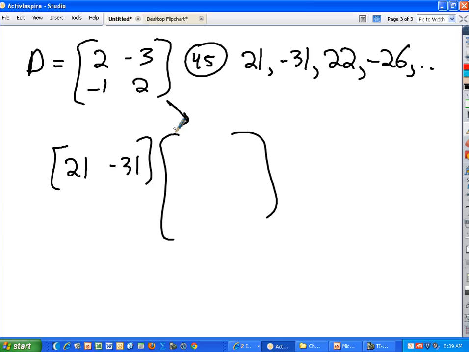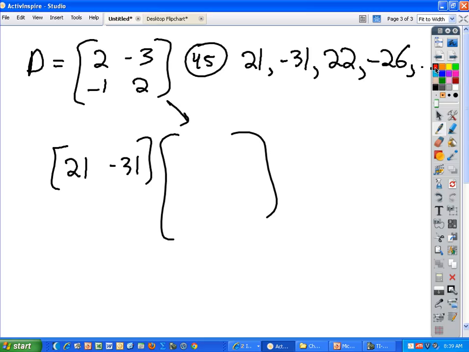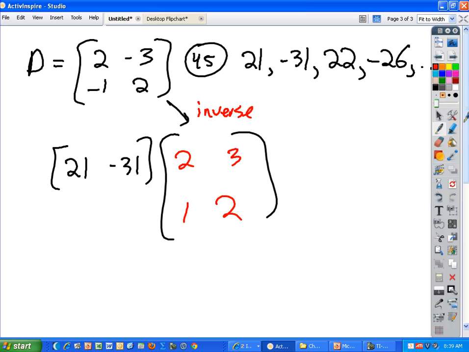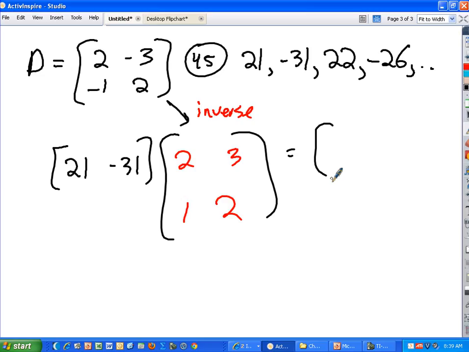So if I do that, I'm going to get back 21, first times first, row 1, column 1: 21 times 2 is 42, minus 31 is 11. Row 1, column 2: 21 times 3 is 63, minus 62 is 1.